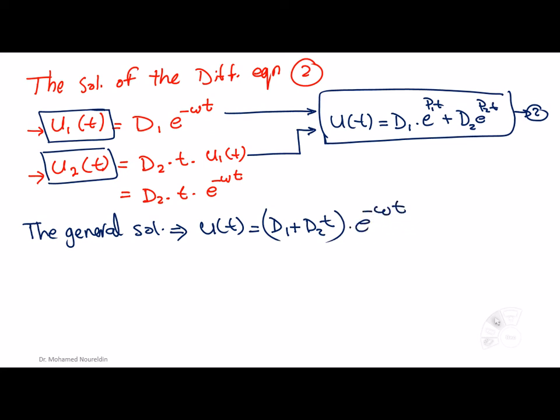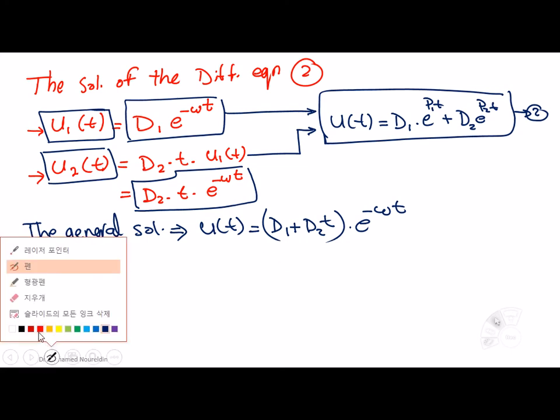The general solution is going to be the summation of both. We have d1 e to minus omega t, which is this one, and we have the other solution, d2 t times e to minus omega t, right? Then the general solution is going to be this solution.